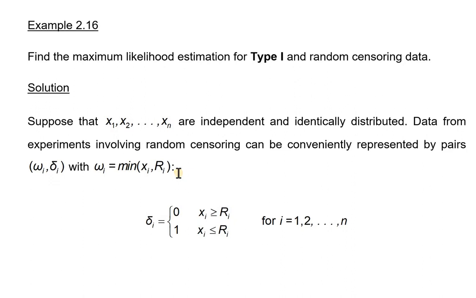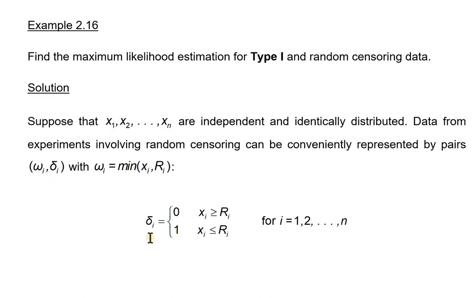So we will use W_i as the time of failure, where we choose whether it is X_i or R_i. R_i here is the censored time, which we know in advance, the time at which we are going to stop recording the data.